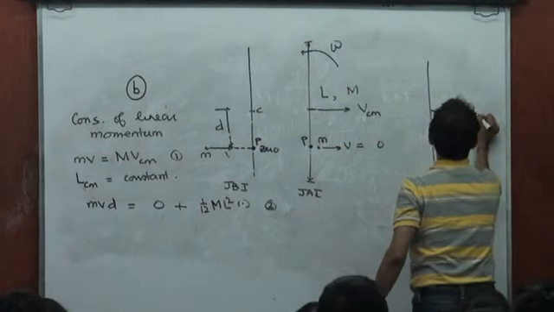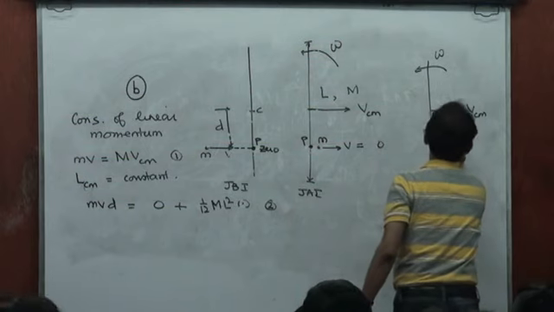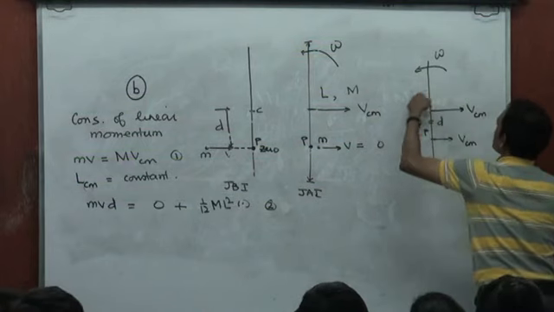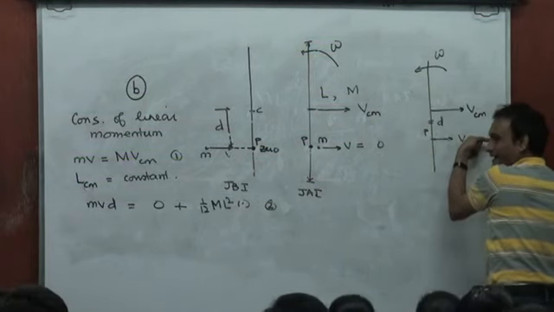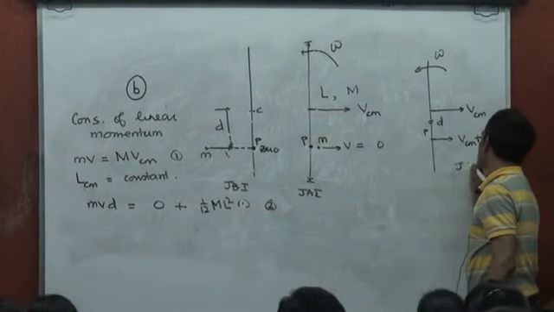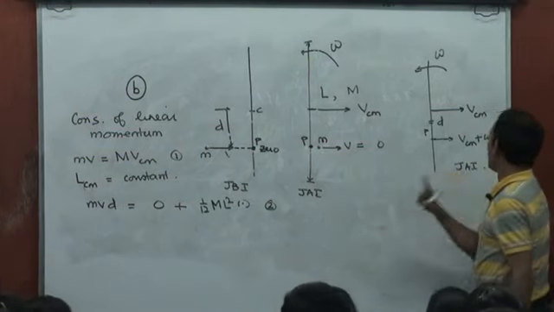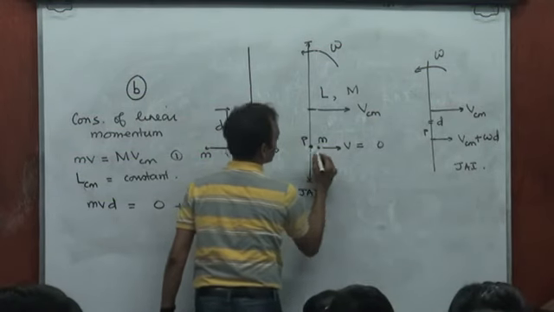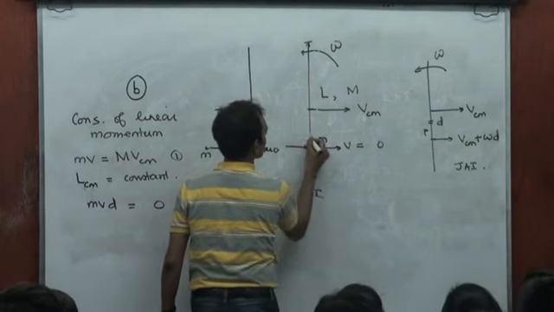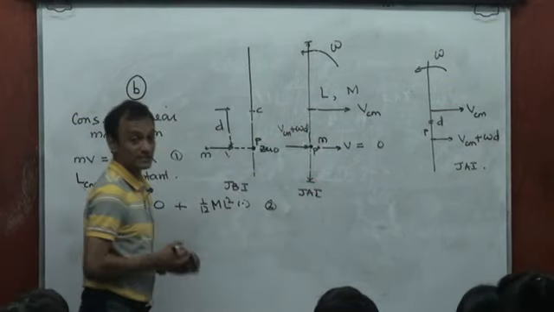Because of pure translation, it's VCM. And then imagine it to be in a state of pure rotation about the center of mass, so it will have omega d to the right. So VCM plus omega d just after impact. I hope you understand this. So the point P right after impact has VCM plus omega d.